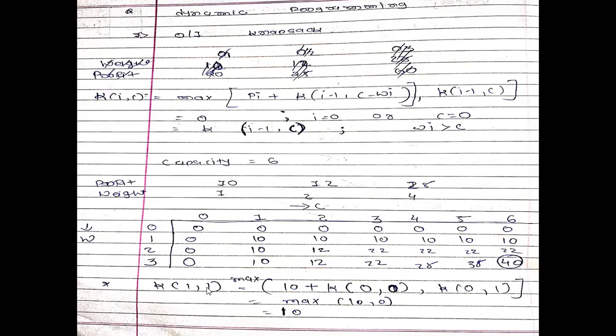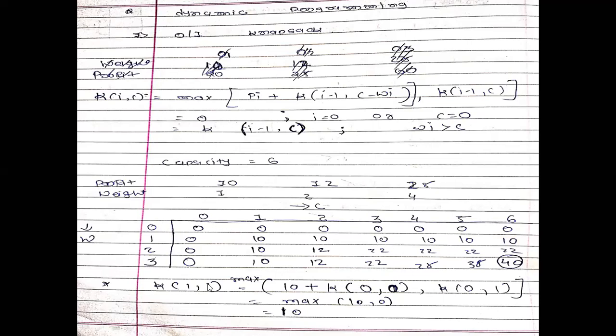Let me clear again what it says according to this formula: weight of I, that is WI. I here is 1, that is the weight of the first item. The weight of the first item is 1, and it should be greater than C. So you have to apply this formula, that is your last formula.